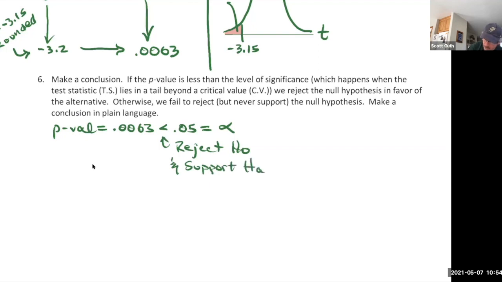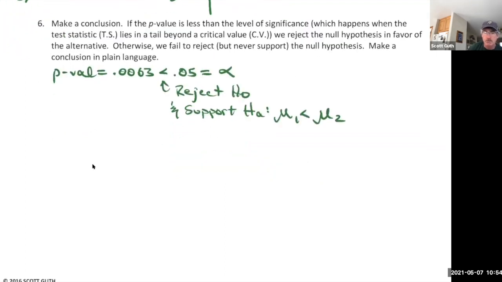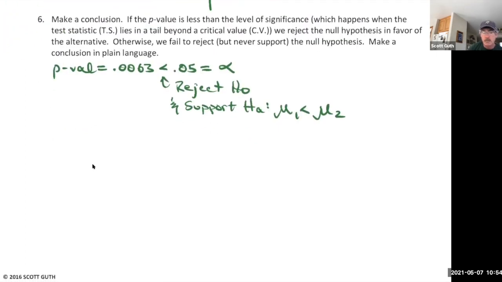Just reminding ourselves, HA said that the mean before treatment is lower than the mean after treatment, which is exactly what we were hoping the treatment would do. So we would say that the data do support our claim here.